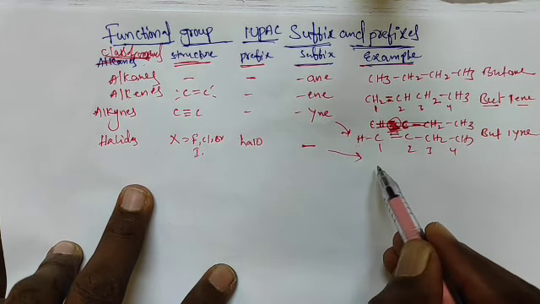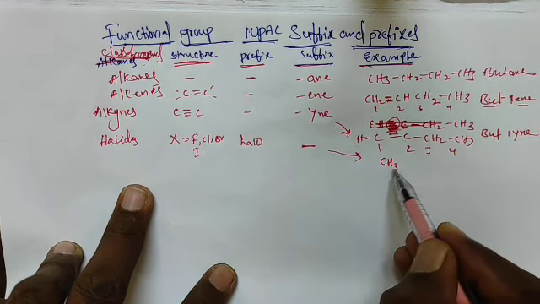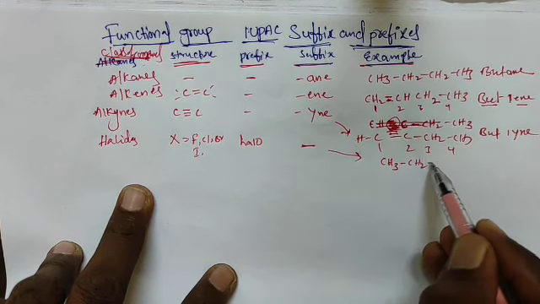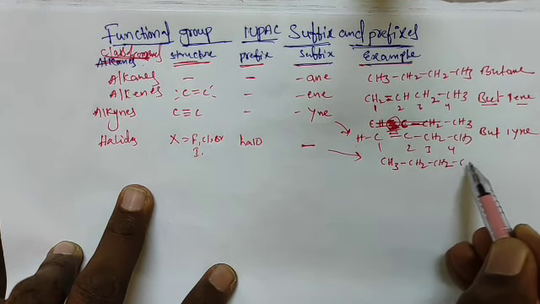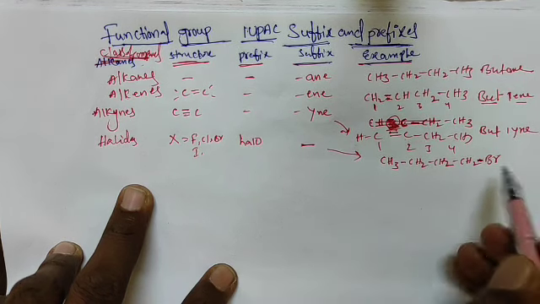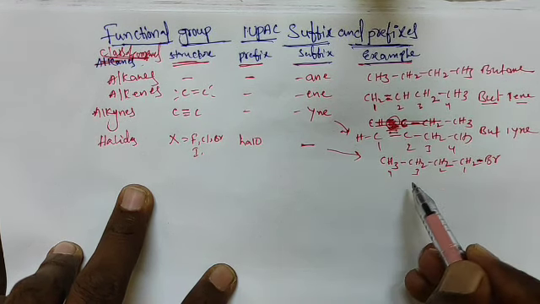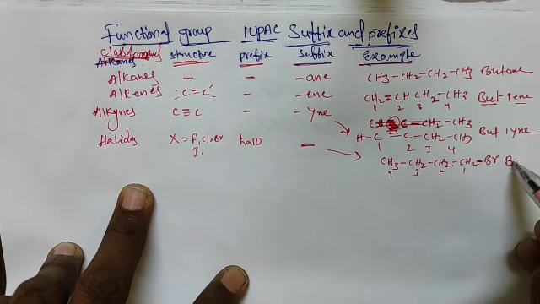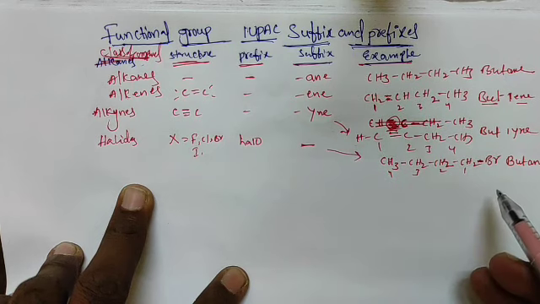Example: CH3 CH2 CH2 CH2 Br. There are four carbons, so butane, with all single bonds.